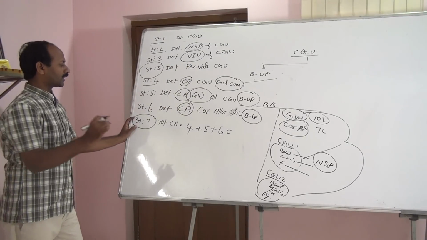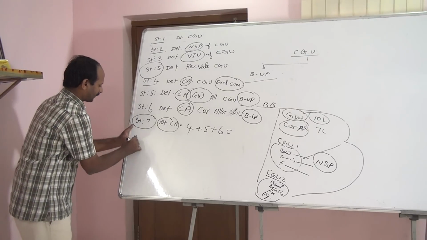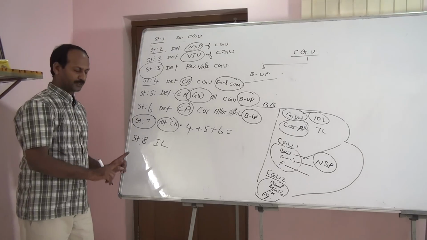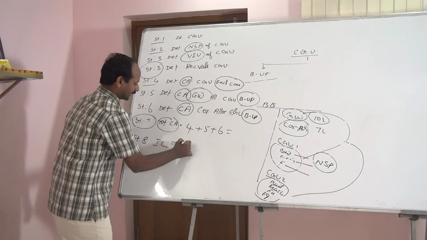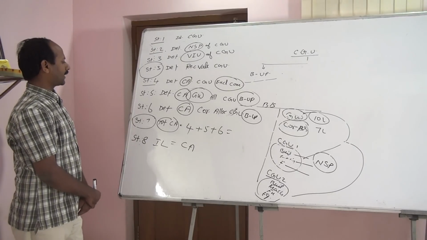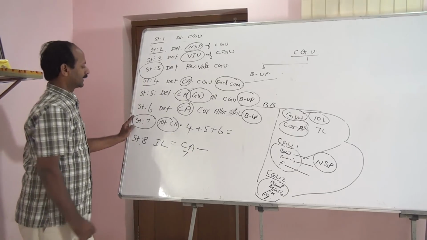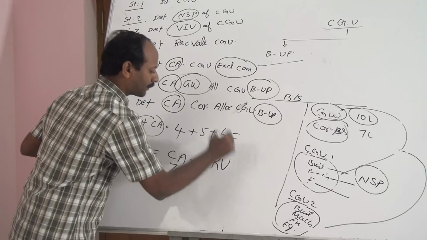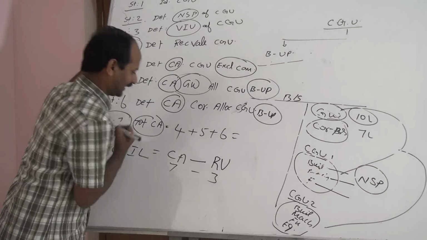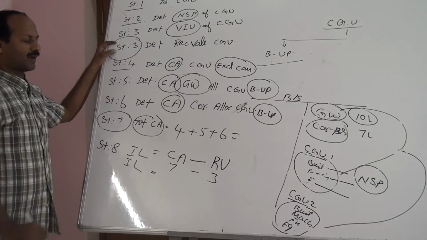Entire CGU total carrying amount is in step number 7. Step number 8: the impairment loss of this CGU is equal to the carrying amount of this CGU in step number 7 minus the recoverable value of this entire CGU in step number 3. The difference is nothing but the impairment loss.